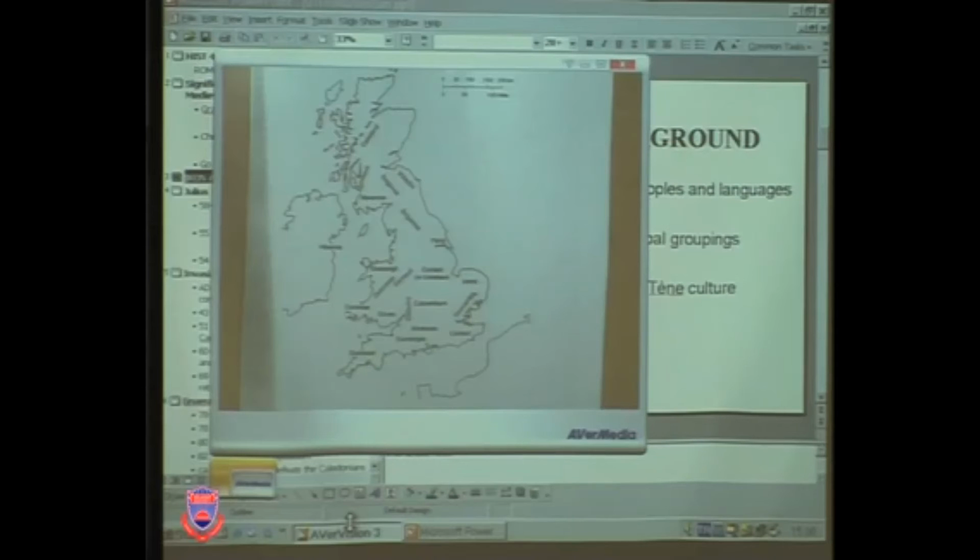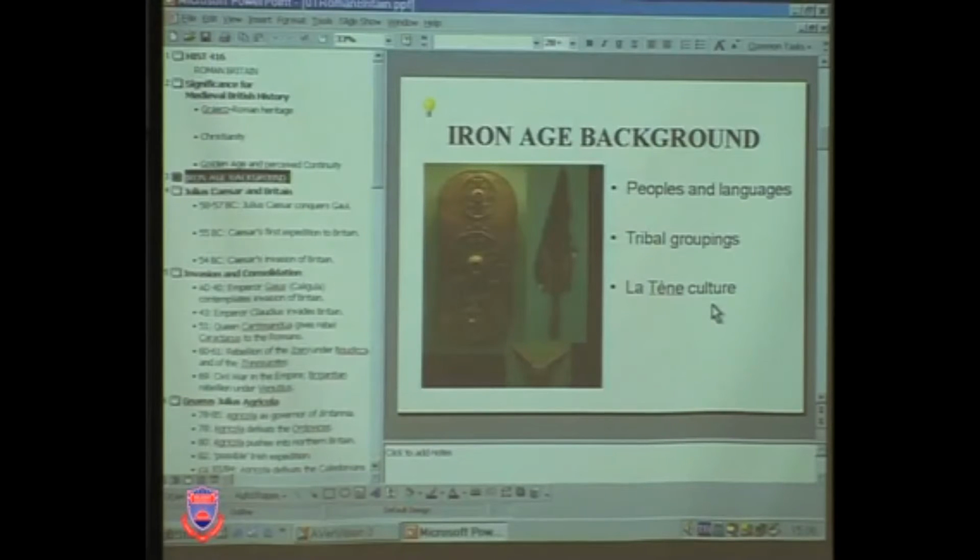So they were a Celtic people, from our perspective, organised in these great groupings, these tribal groupings as we call them today. In addition, they participated to some extent in what we call the La Tène culture. This is an archaeological term.